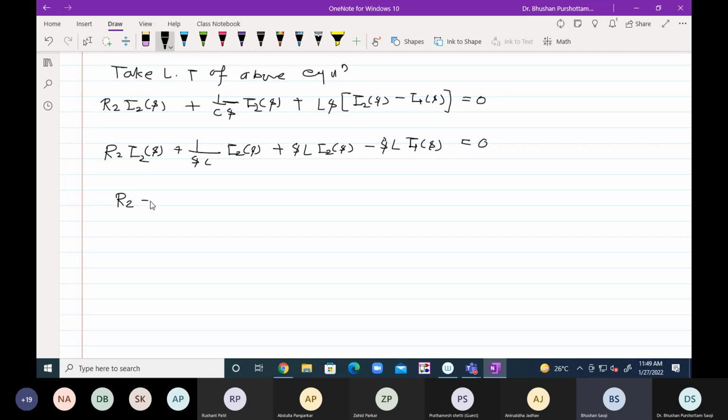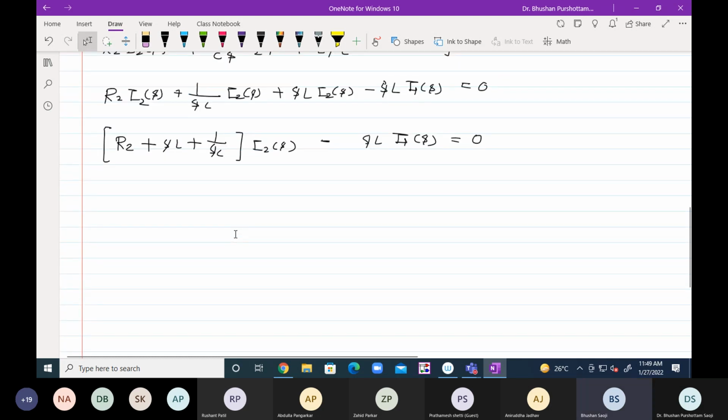This becomes R2 plus S into L plus 1 by S into C, times I2 of S, equals S into L I1 of S.